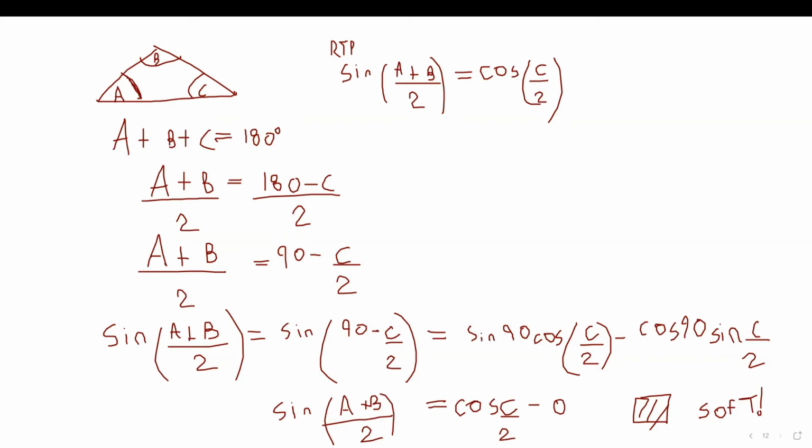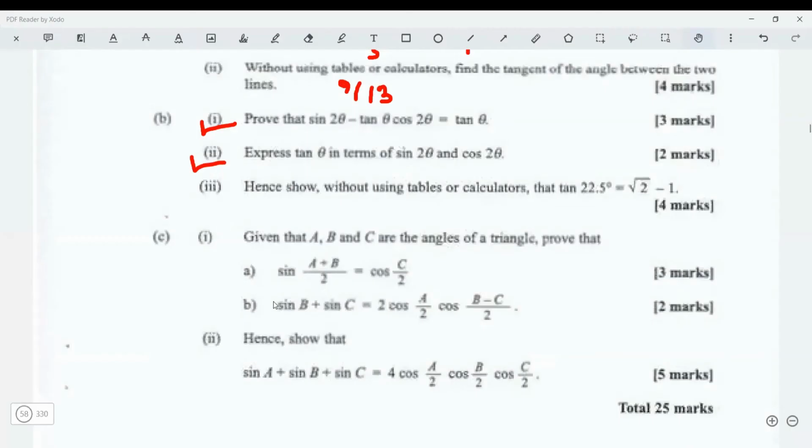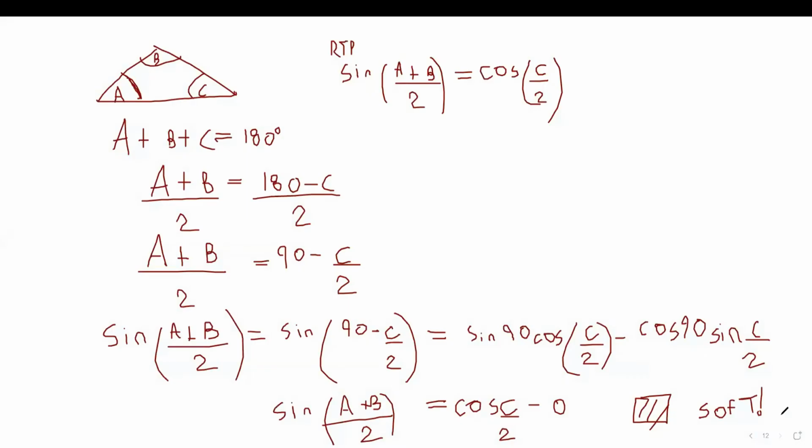Nice. So let's continue. It then says now show that sine B plus sine C is this weird formula right here. So write down what we're required to prove next.